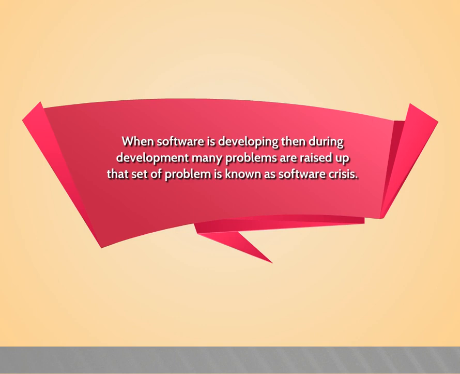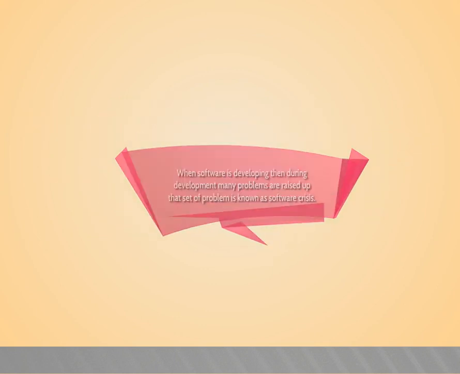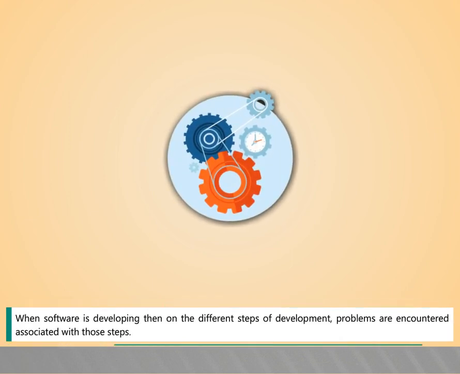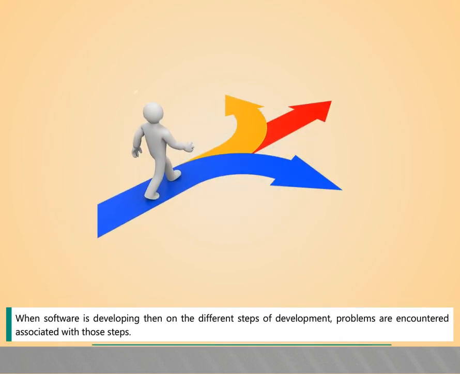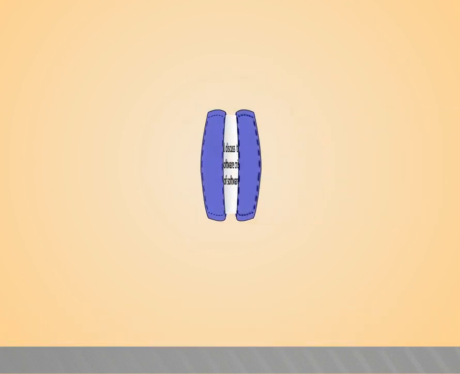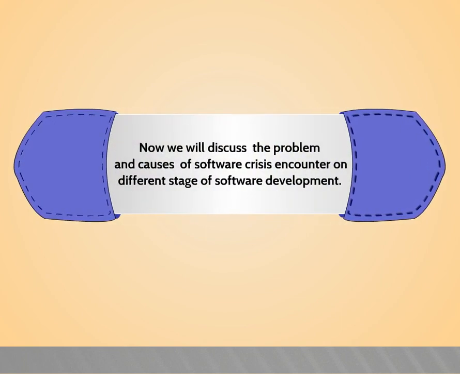When software is developing, many problems are raised during development. That set of problems is known as software crisis. On the different steps of development, problems are encountered associated with those steps. Now we will discuss the problems and causes of software crisis encountered on different stages of software development.